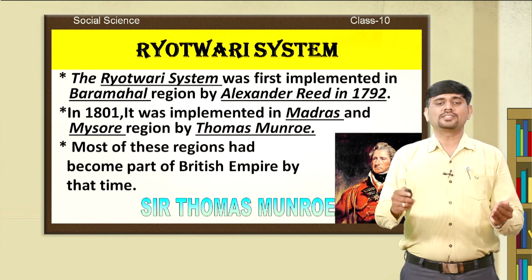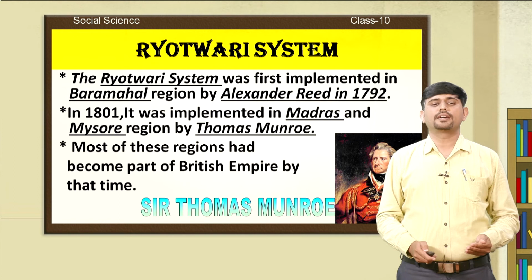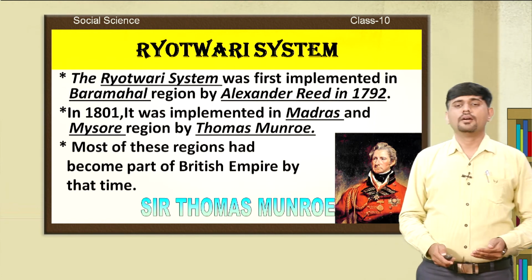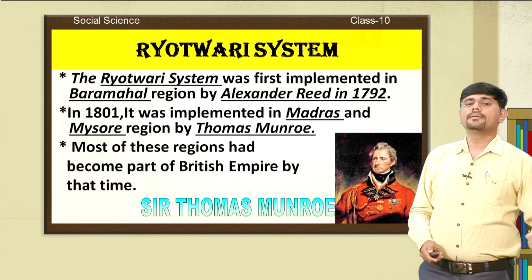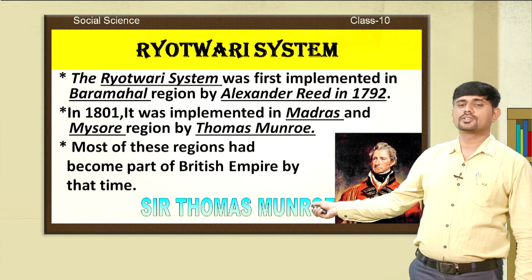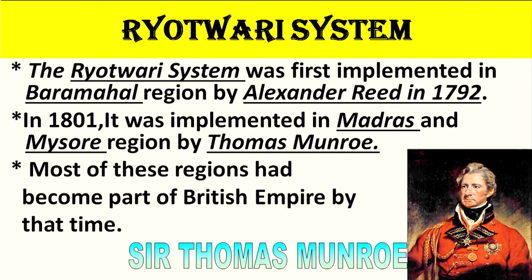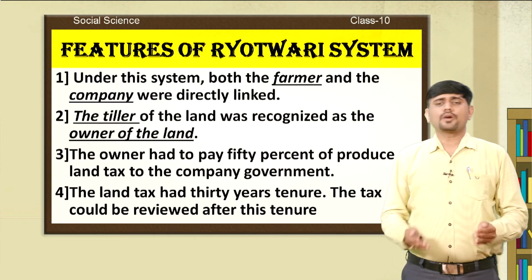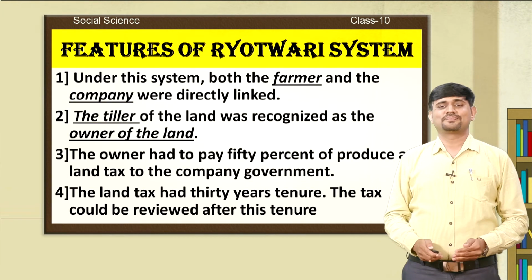Most of these regions had become part of the British Empire by that time. Dear students, you can see the British officer in the image who implemented the Ryotwari system in the Madras and Mysore regions. What were the important features of the Ryotwari system?